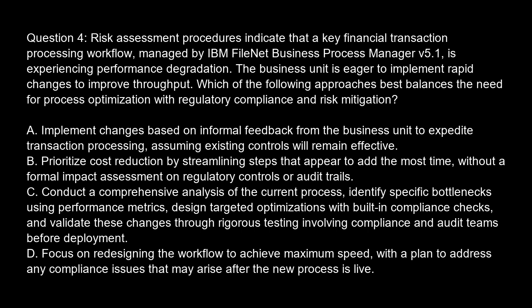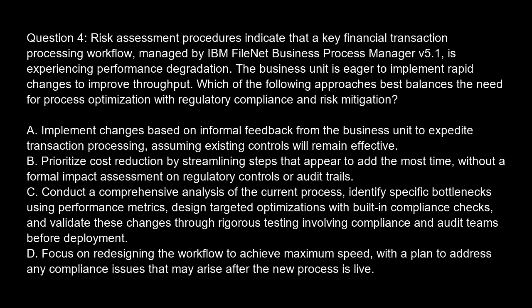Option A. Implement changes based on informal feedback from the business unit to expedite transaction processing, assuming existing controls will remain effective. Option B. Prioritize cost reduction by streamlining steps that appear to add the most time, without a formal impact assessment on regulatory controls or audit trails. Option C. Conduct a comprehensive analysis of the current process.